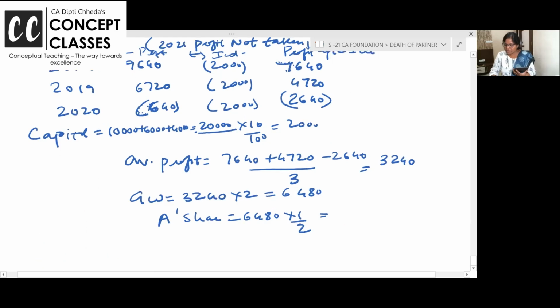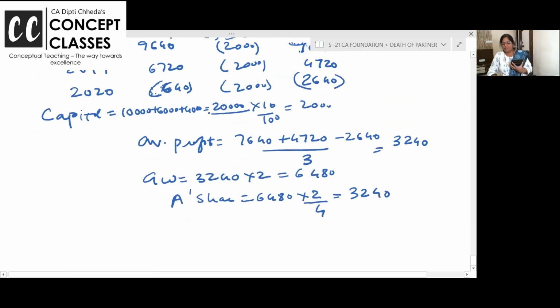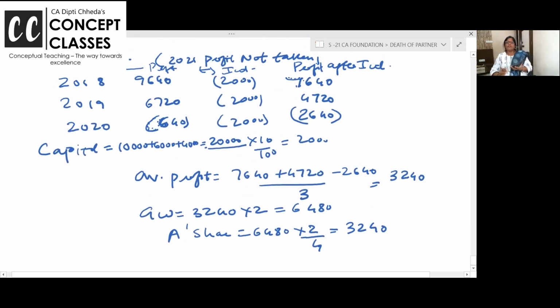PSR हाफ या 2/4 लिखो ना, बेटर है, कंफ्यूजन ना हो. 2:1:1, 2/4. 3240. वापस से चेक प्लीज. Any doubt in goodwill? For goodwill, take last 3 years profit. Current year's profit is given for some other purpose. I will tell you. Last 3 years profit, उसमें interest minus करो.